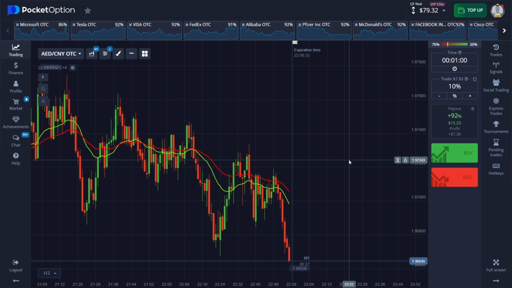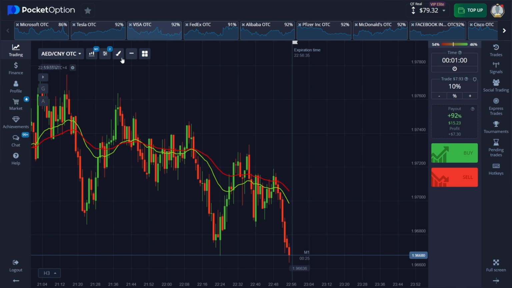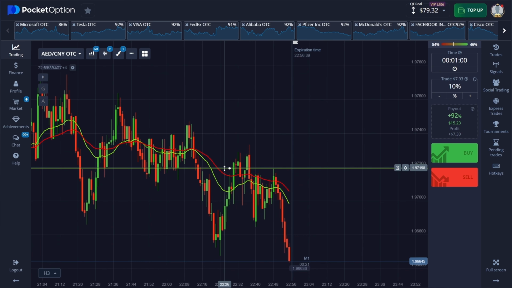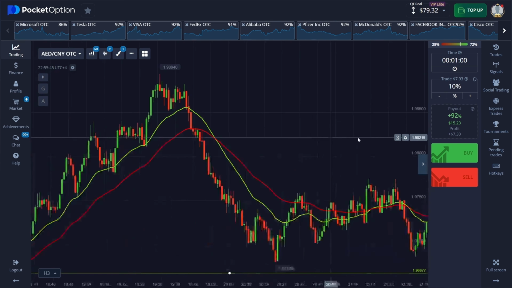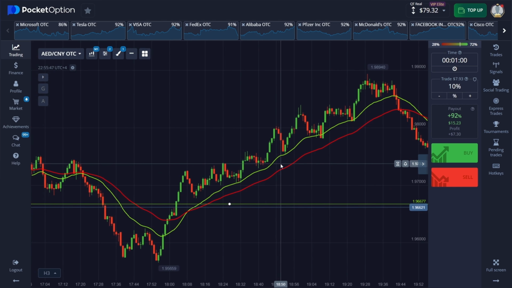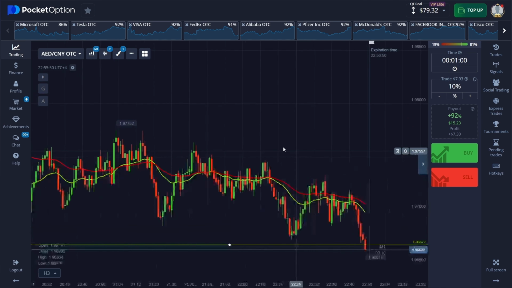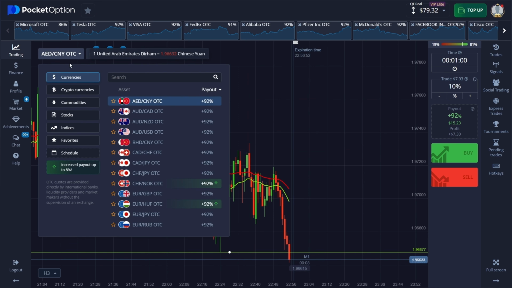On odd CNY, there's a potential upside move. Looking back, there isn't a good support level, so we will avoid that too.